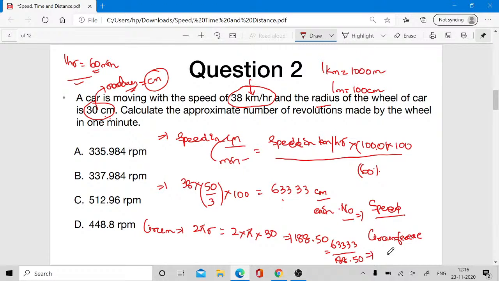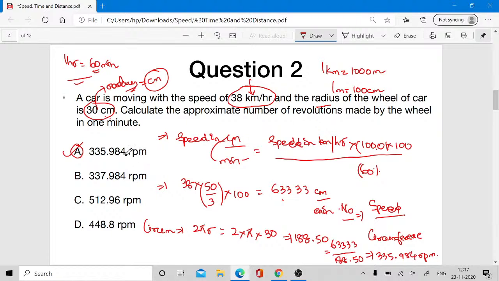This will be equivalent to 335.984 revolutions per minute. So this is going to be option A, right? So first, we will find out speed in centimeters per minute.